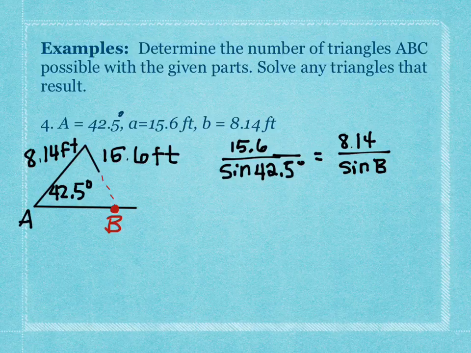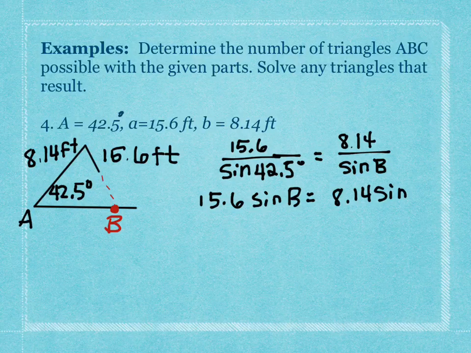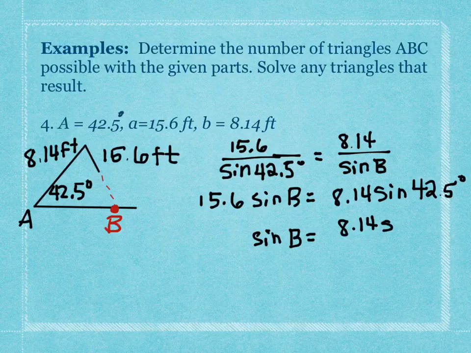Cross multiply. So I have 15.6 sine B equals 8.14 sine of 42.5 degrees. And then I divide. So this is sine of B equals 8.14 sine of 42.5 degrees over 15.6.